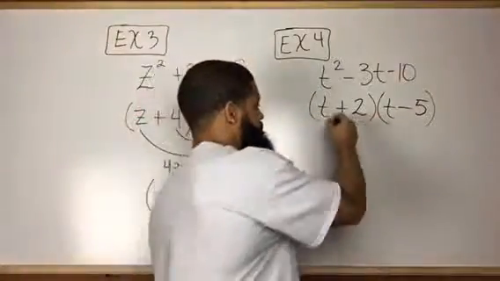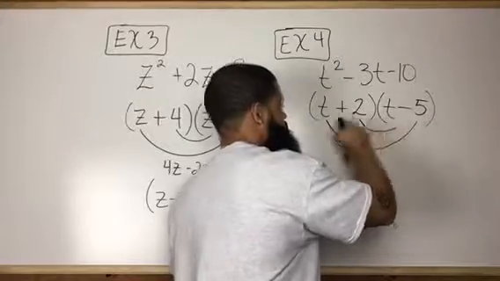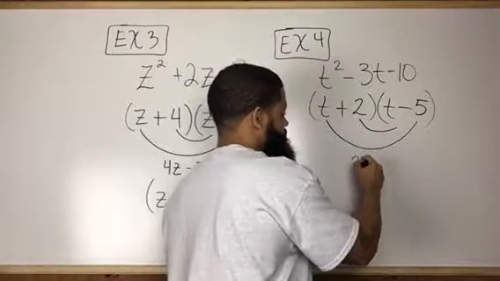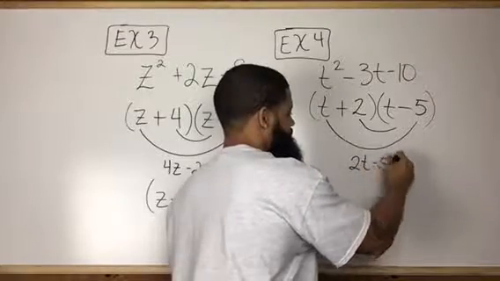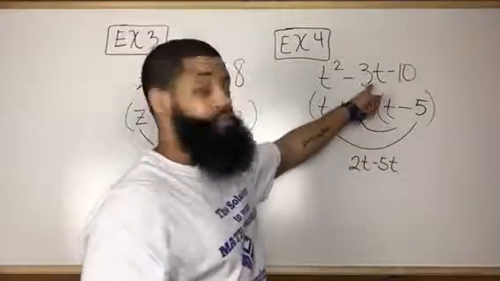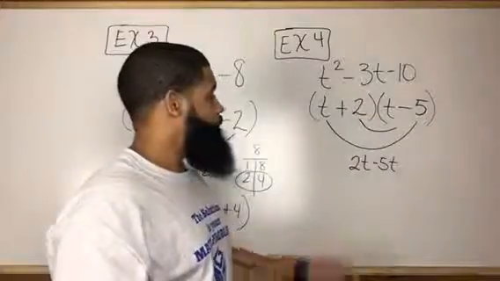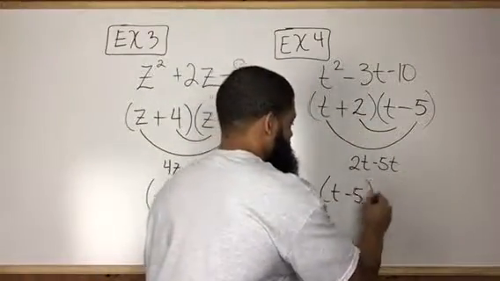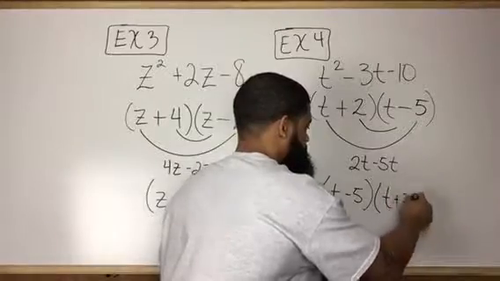Okay, so once again, if I take this part right here and I multiply t times negative 5, I get negative 5t. So 2t minus 5t gives me negative 3t. All right, and once again, we can actually write it as t minus 5 times t plus 2.